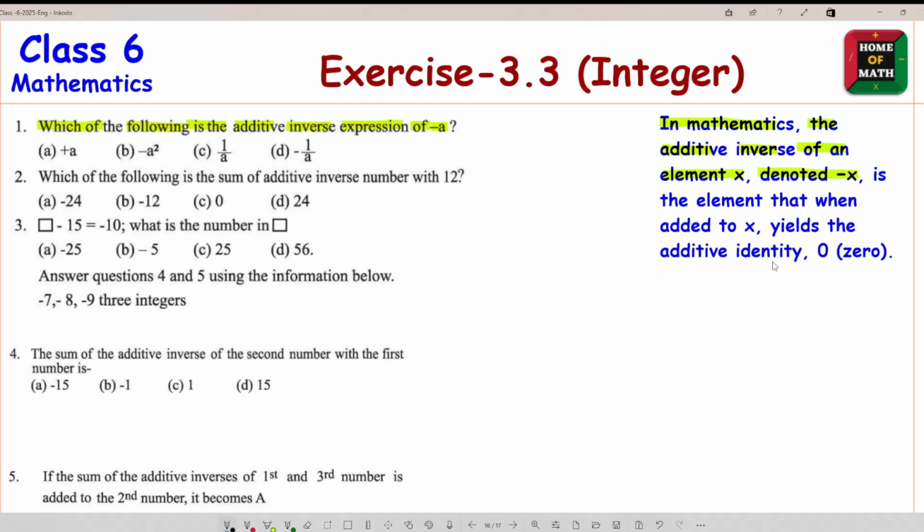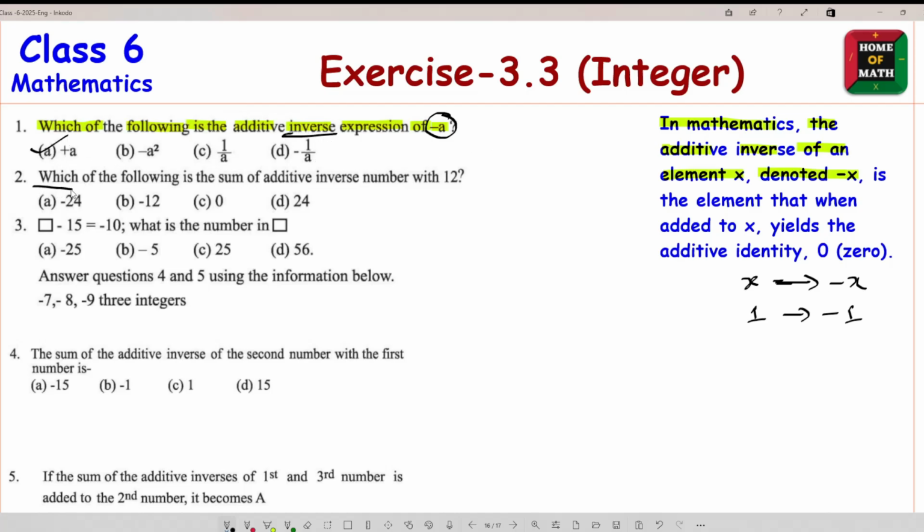It means x will become minus x. Similarly, 1 will become minus 1. Therefore, here is minus a. So minus a becomes plus a, just the inverse.